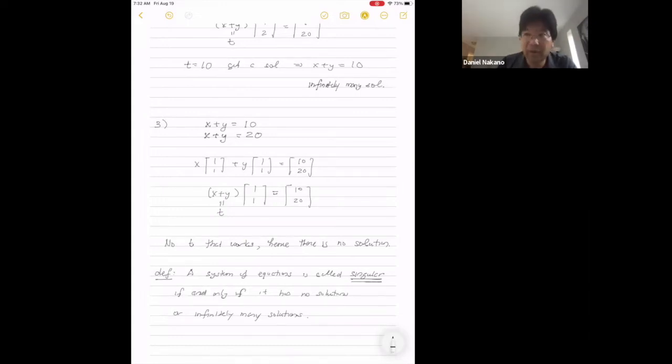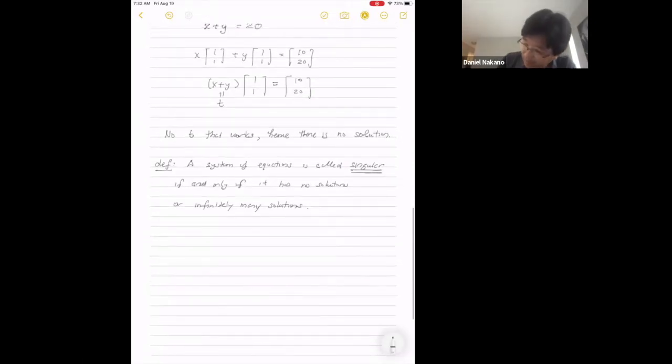So from this, we can deduce that cases 2 and 3 are singular, and case 1 is not singular.